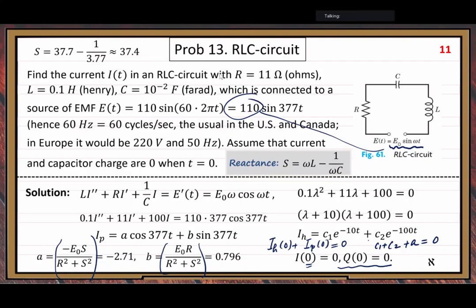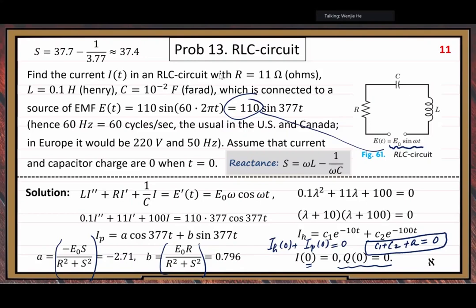We can find C1 plus C2 equals some value, negative A, but that's not enough to determine C1, C2. Based on this example, we can see something: although we have the Q condition, it's not easy to apply it, right? How to apply it? That's something not convenient. Think about that.